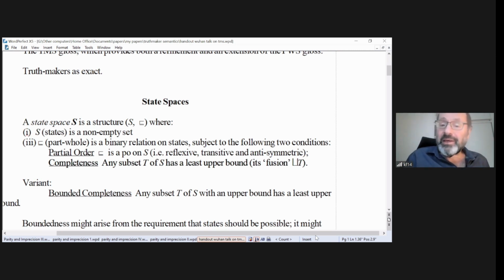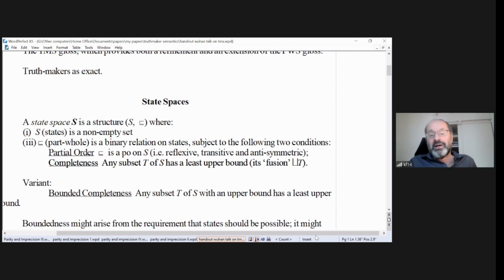So anyway, there's a weakening of completeness. Completeness says that if you've got a subset of states, then it has a least upper bound. And bounded completeness says that if this subset has an upper bound, then it has a least upper bound.